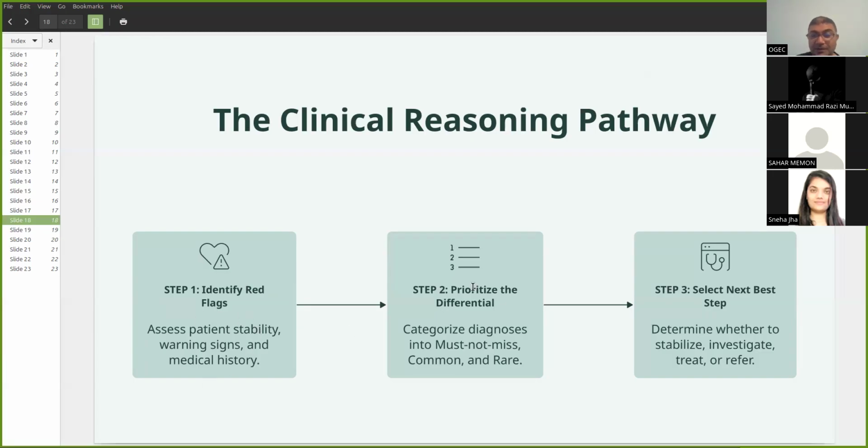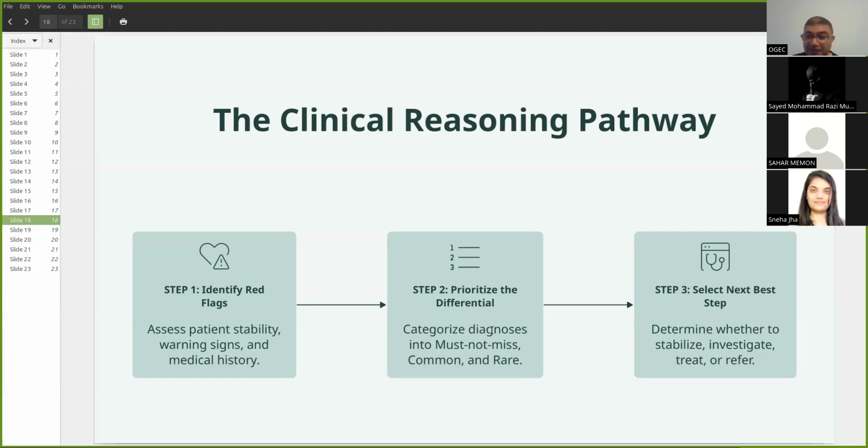After that, we will prioritize our differential diagnosis. What are our differential diagnoses? From the system itself and from the adjacent systems, for example the cardiovascular system, the respiratory system, and also the gastrointestinal system.